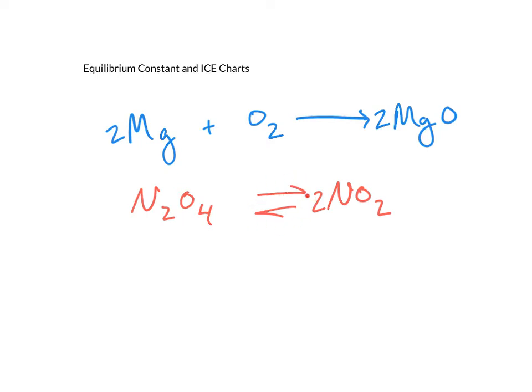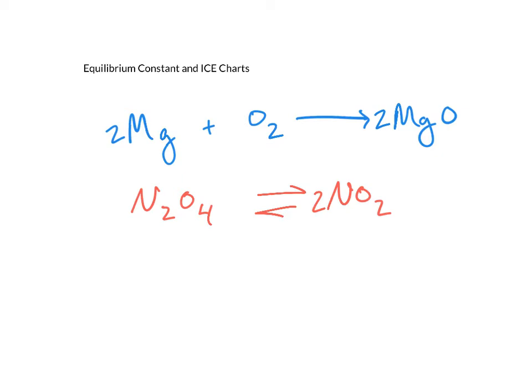It shows us that it can go in both directions, and it doesn't mean that it's done changing. It means that as nitrogen dioxide forms dinitrogen tetroxide, some dinitrogen tetroxide is forming back into nitrogen dioxide.